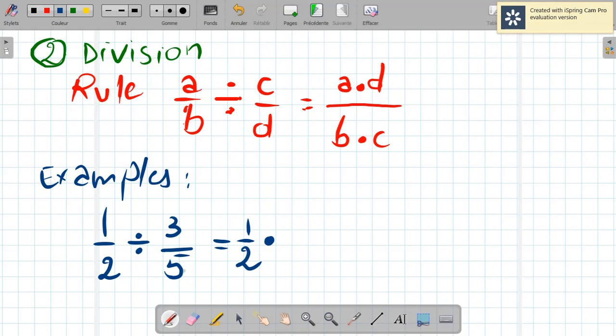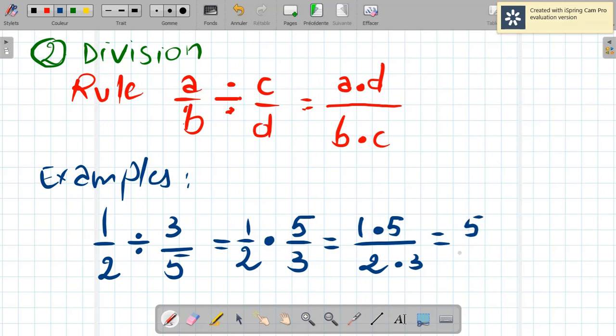So if you have 3 over 5, you would have 5 over 3. So what would you have here? 1 over 2 multiplied by 5 over 3. You multiply 1 by 5, divided by 2 multiplied by 3. 1 times 5 is equal to 5, and 2 times 3 is equal to 6.